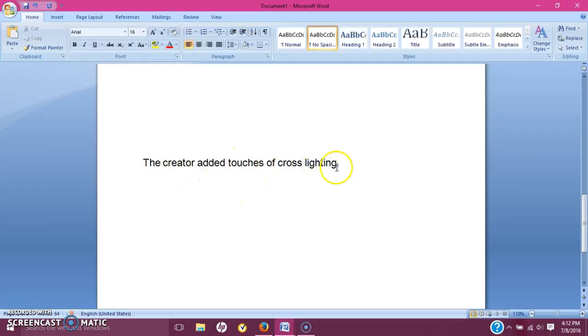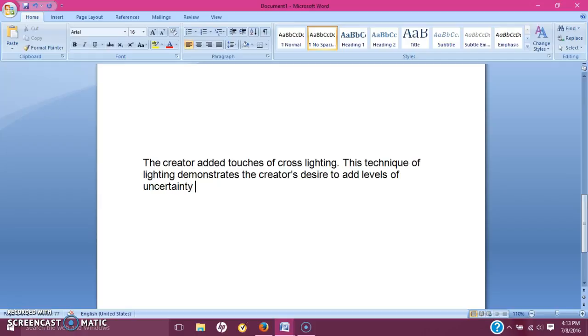So the creator added touches of this so-called cross-lighting. What is that and why is that important? Again, what does it mean? So you could even have a separate sentence. This technique of lighting, or this lighting technique, demonstrates the creator's desire to add levels of uncertainty, which makes the eye jump from object to object to object.